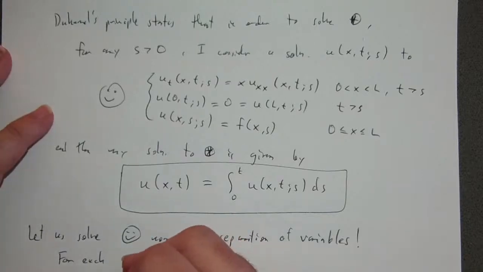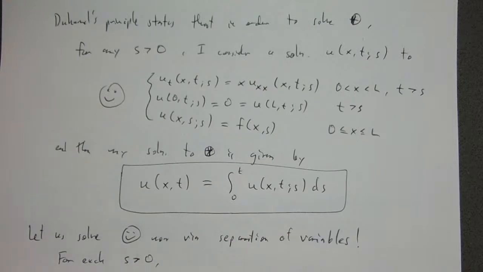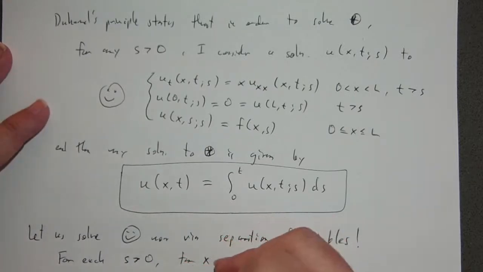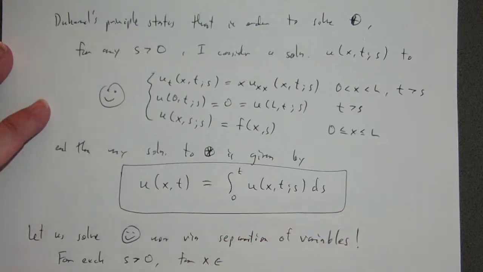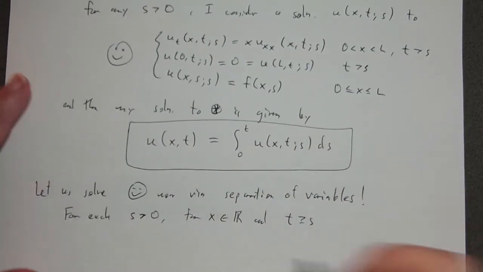So for each s greater than 0, what do I get? For x in, say, R and t greater than or equal to s, what does my solution look like?